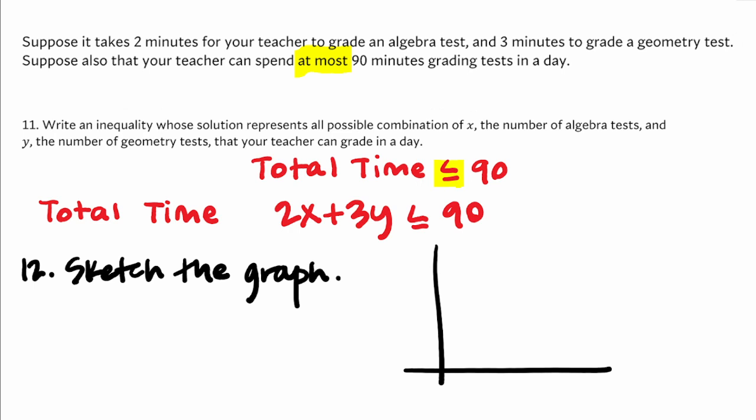And I will start over here by saying, all right, let's find the x and y intercepts. So the x-intercept, that's where y equals 0. I'll plug in y equals 0, and I'll say that's 2x equals 90, and okay, that's going to be x equals 45.